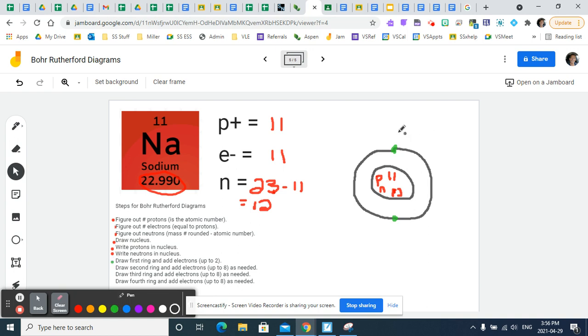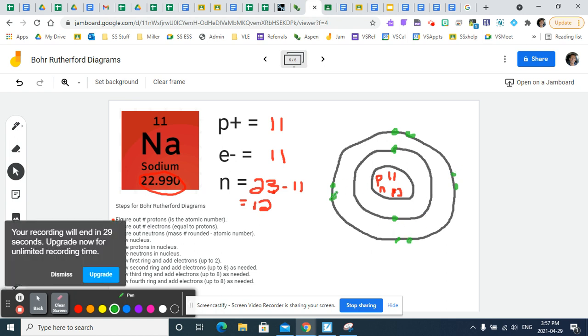I'm going to draw my second energy level or shell or ring or orbit. And I can see here that it can take up to 8 electrons. So let's do it. I've used 2. I have 11 total. So that leaves me 9. I'm going to start placing them: 1, 2, 3, 4, 5, 6, 7, and 8.